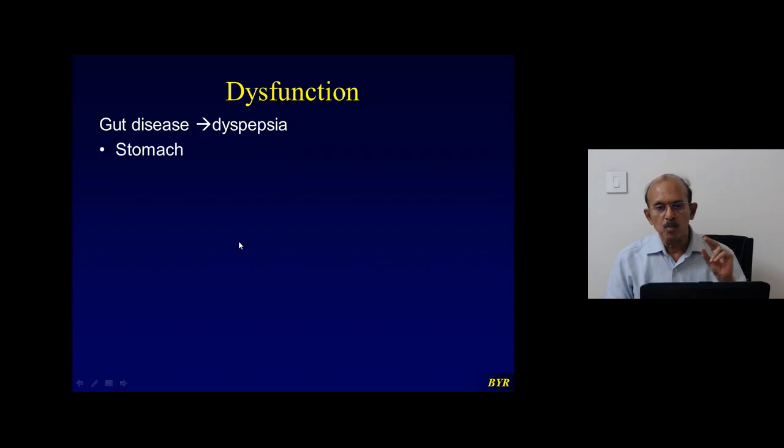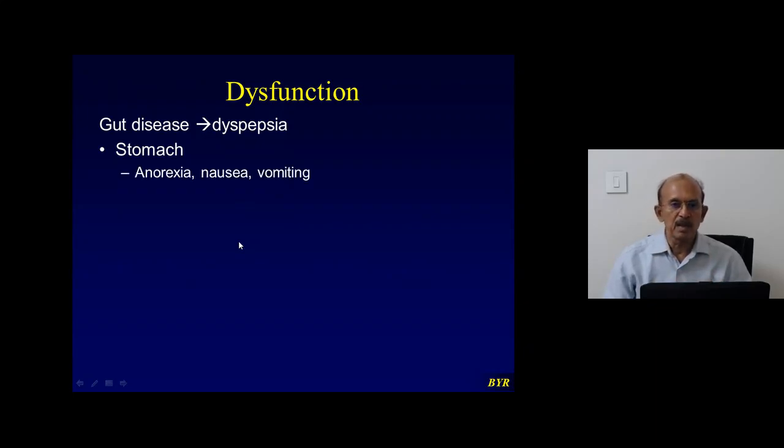If the stomach is moderately ill, not mild, mild means anorexia. Moderately diseased, then the symptom is nausea. If the stomach is severely diseased, the symptom is vomiting. So there are three symptoms for stomach dysfunction: anorexia, nausea, and vomiting. There are three grades of gastric disorder.